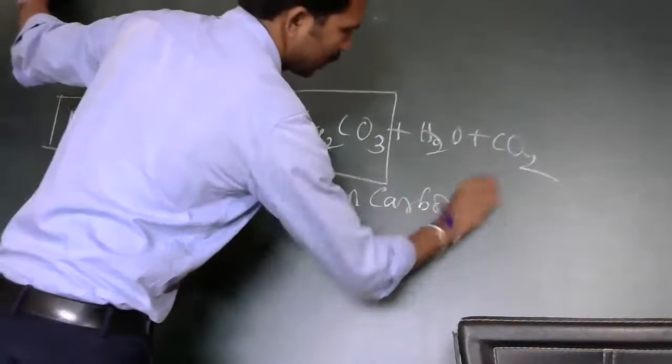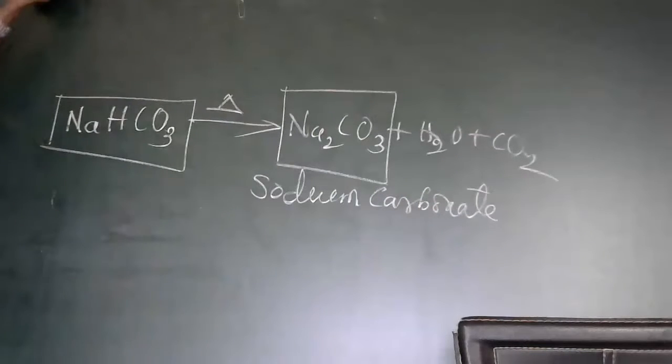This is nothing but sodium carbonate. See, in a single process we get two different products. Na2CO3 is sodium carbonate. This is how sodium bicarbonate and carbonate are produced.